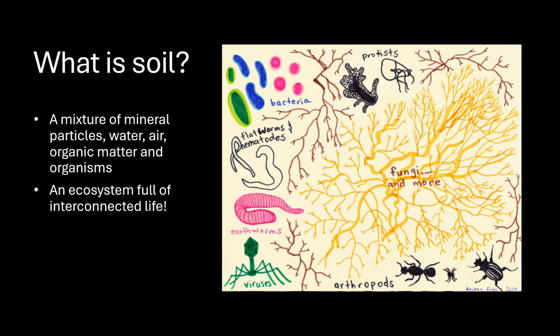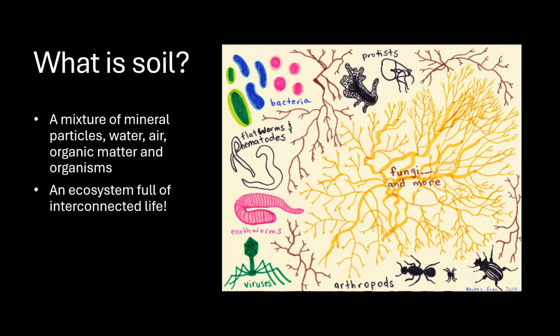So before we get into all of the different soil properties, I think it's important to think about how we think about soil. The traditional textbook definition of soil is to think of it as a collection of stuff: a collection of air, water, mineral particles, organic matter, and soil organisms.